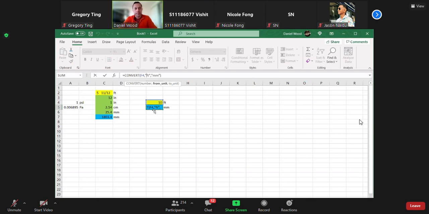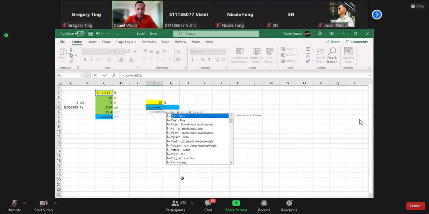So if I'm doing this for the first time, I would come in here and go equals, convert, open bracket. I need to convert what number? The number is 5'11". I can select whatever cell I want, and I'm converting it from feet to millimeters.